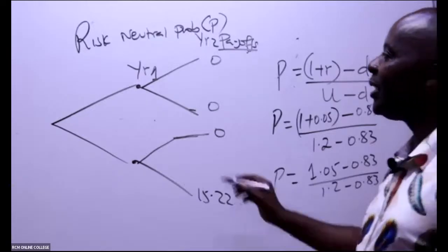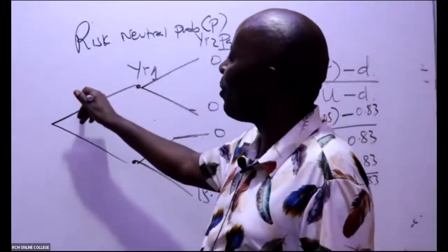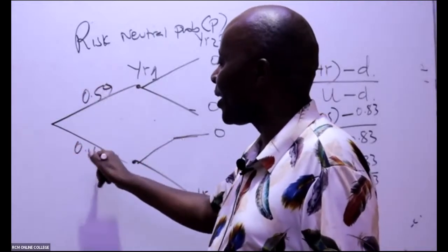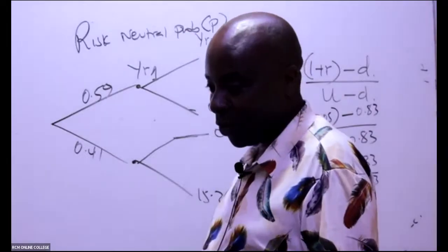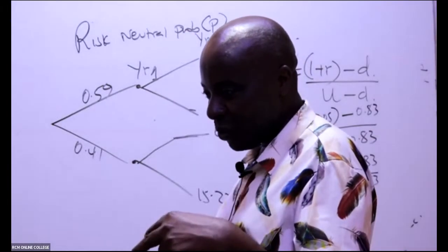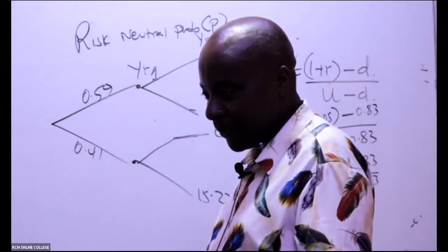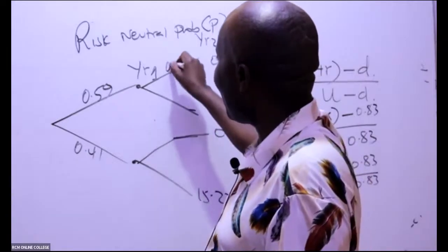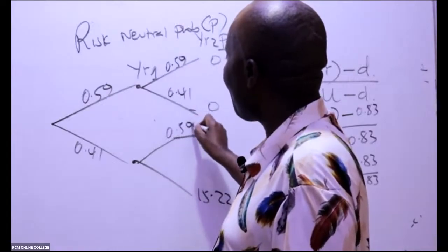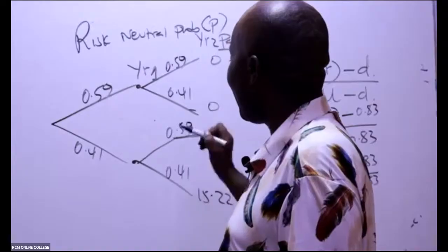So this risk-neutral probability is 0.59, meaning that this other one here will be 0.41, because it's binomial. The same you apply here: 0.59, 0.41, like that.